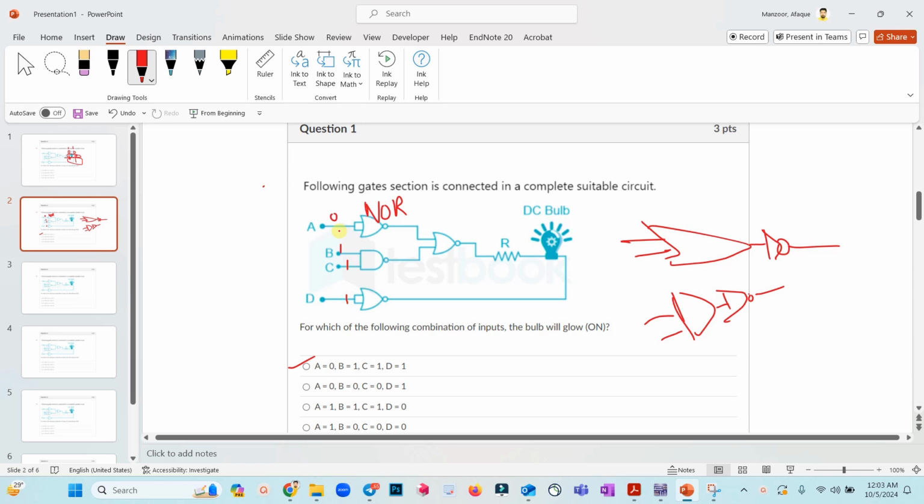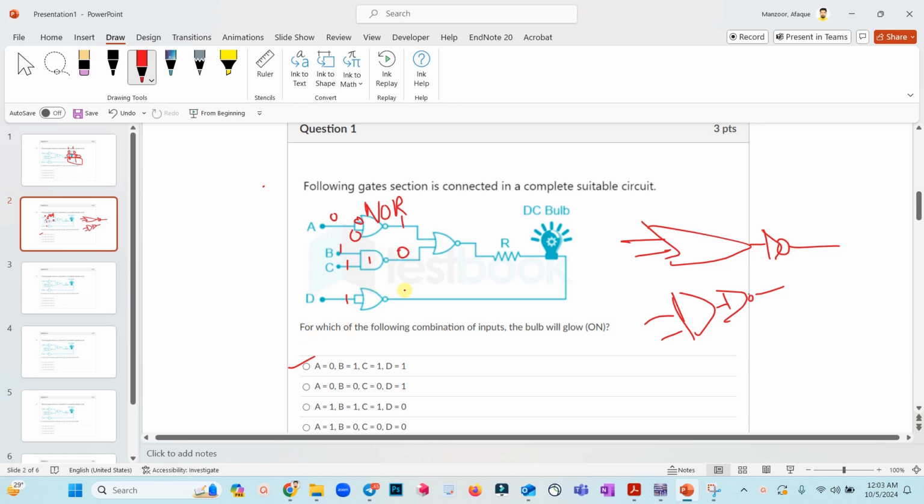So in that scenario, A is 0. That means it has two terminals. 0 will go to this terminal as well as this input. So 0 plus 0 would be 0, and because this is inverted, you will get 1 here, right? And if we see, 1 multiplied by 1 is 1, but it is again inverted, so we will get 0, right?